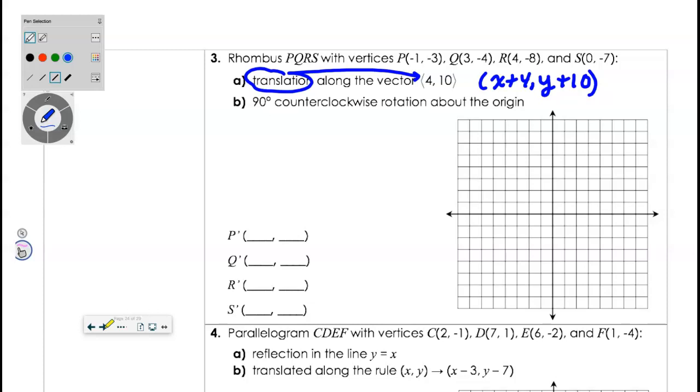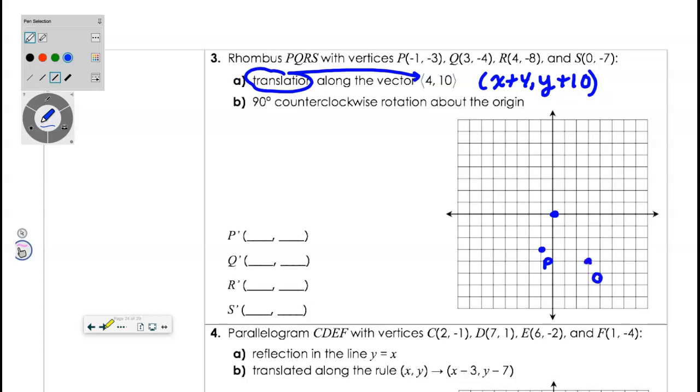So first thing we do is we go graph that rhombus. And again, we start at the origin when we're plotting our dots. So 1 to the left, 3 down. Make sure you label it. If it doesn't make a rhombus, we did it wrong. So kind of let those things guide you. I'm going to go 3 to the right and 4 down.